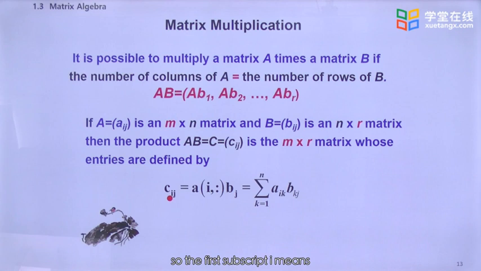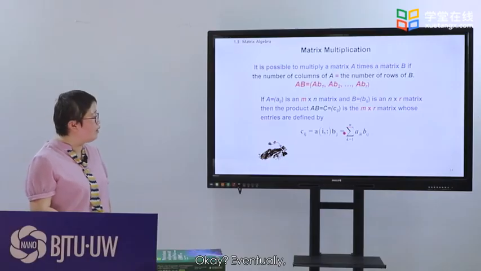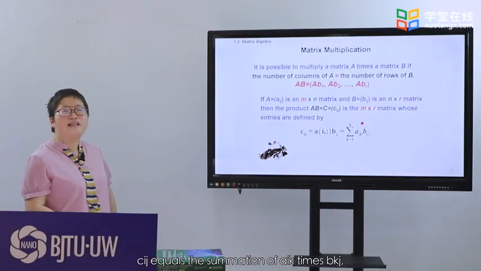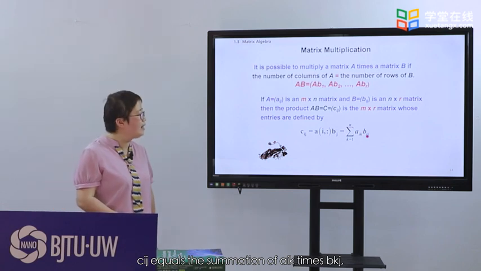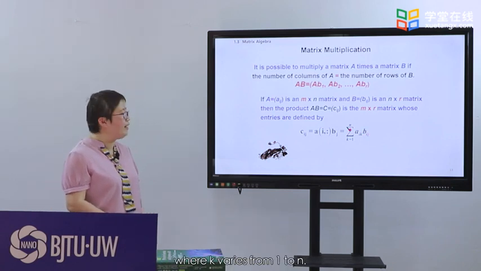The first subscript i means the ith row of the first matrix, and the second subscript j means the jth column of the second matrix. Eventually Cij equals the summation of Aik times Bkj, where k varies from 1 to n.